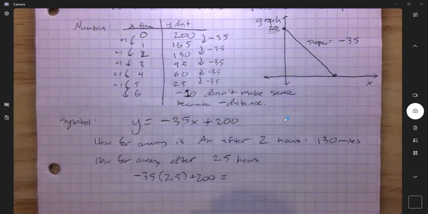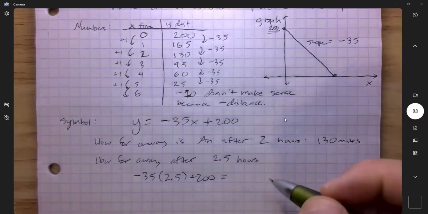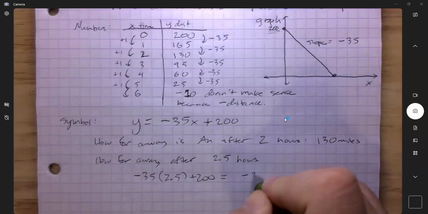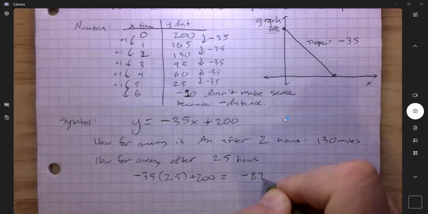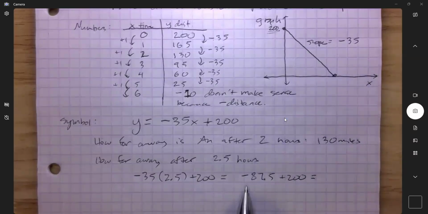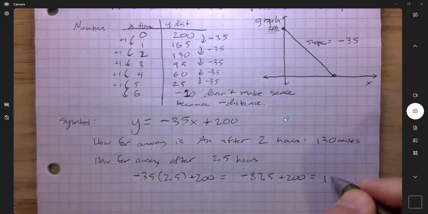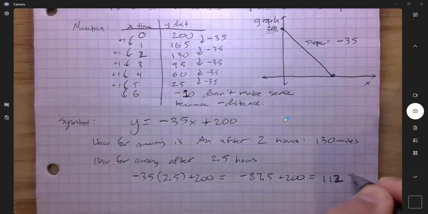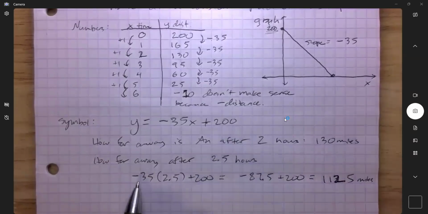Minus 35 times 2.5 is, let's see, 70, and 17.5 is minus 87.5, I think, plus 200. So that's 112.5 miles. All right, so the symbolic form is really useful for that.